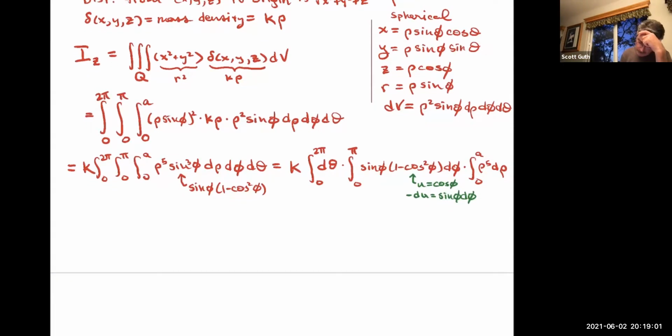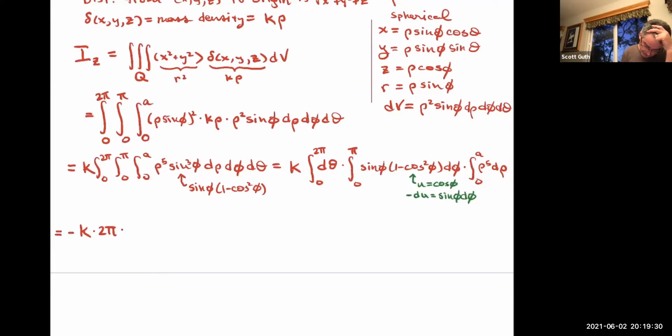Okay, and so let's see what we get now. Obviously there's this k. The integral on d theta from 0 to 2 pi is just the length of that interval, so that would just be 2 pi. The next part, we better put the minus sign in here somewhere, so I'm going to put the minus sign out front if you don't mind.